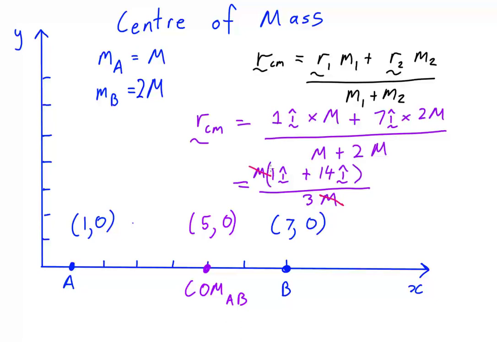And note our m's cancel out here, and the 3 and 15 also cancel out here. So we get the center of mass is 5 for that second scenario.